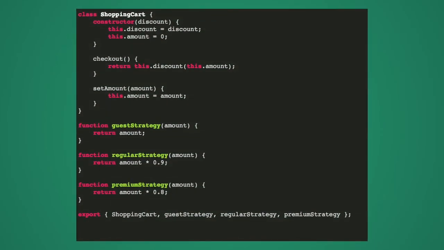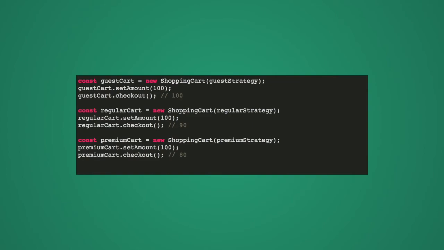Let's see an example here. I'll first start with the implementation. We have a shopping cart item in our e-commerce platform, in our e-store, okay? And the idea is we have certain discounts for certain user types. The default is a guest account, so there are no discounts. If you have items worth 100 euros, you are requested to pay 100 euros at checkout.